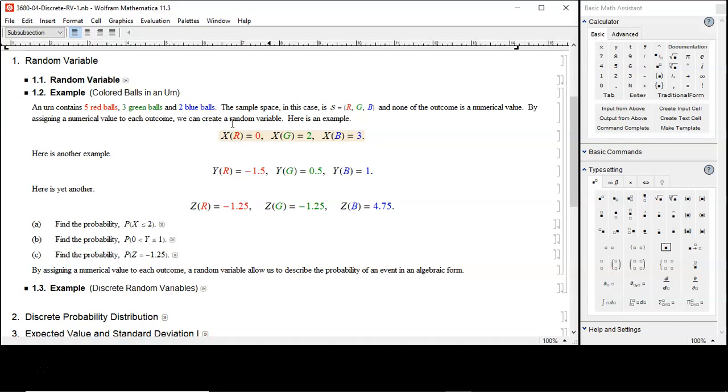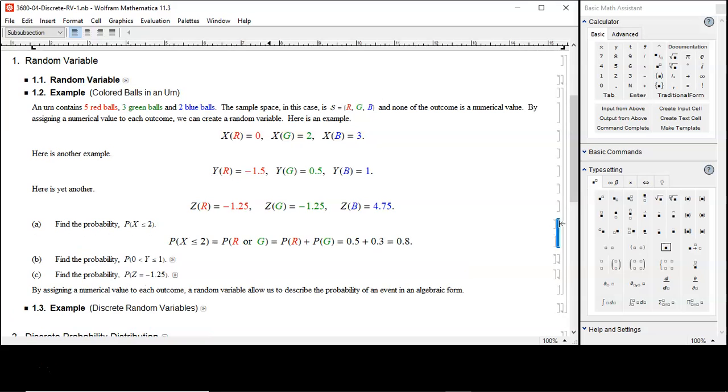Sorry, as a matter of fact, 0 is okay. 0 is less than or equal to 2. 2 is equal to itself, so that's okay. 3, that's no good.